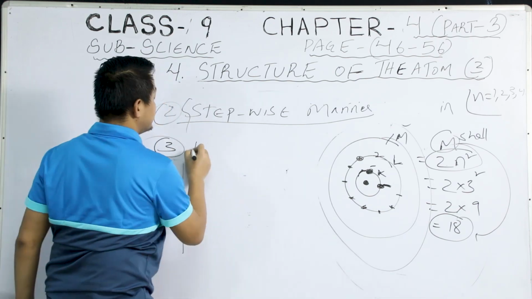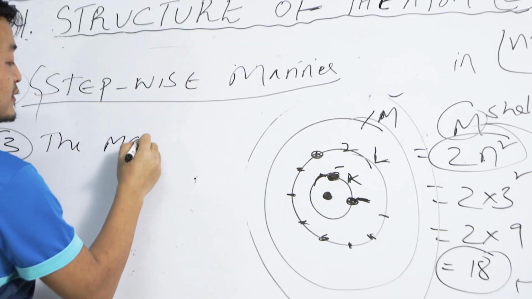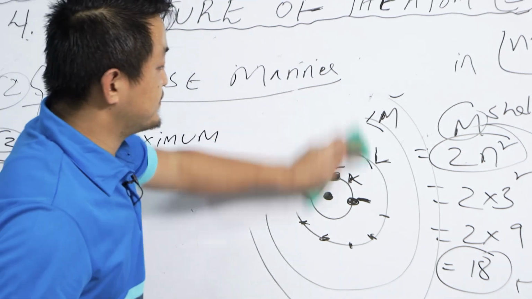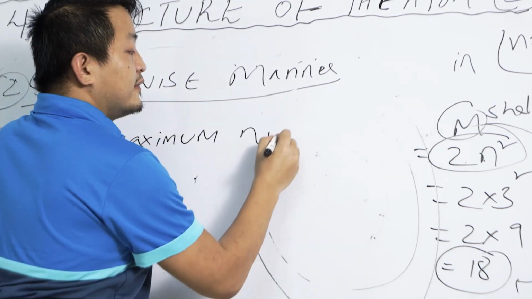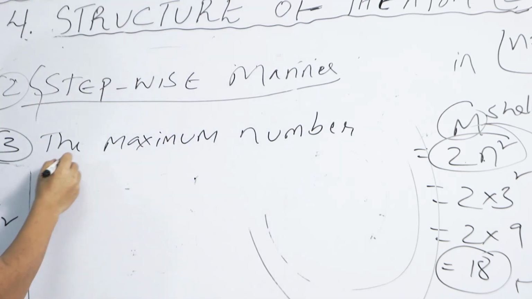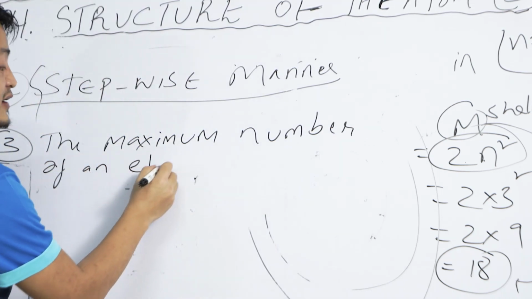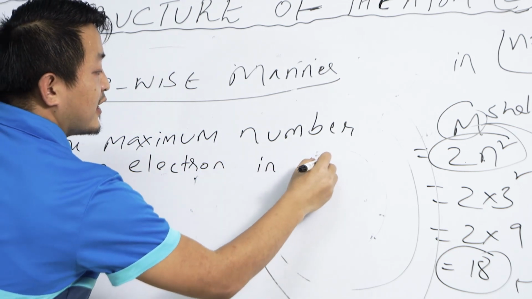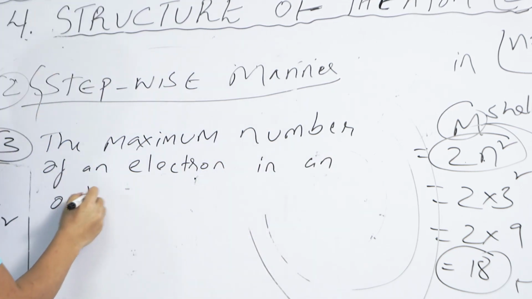Now, students, the third rule is the maximum number of electrons in the outermost shell.